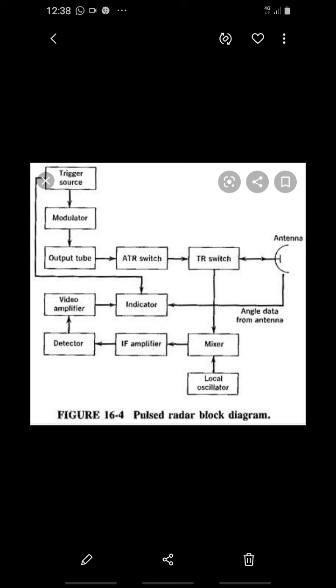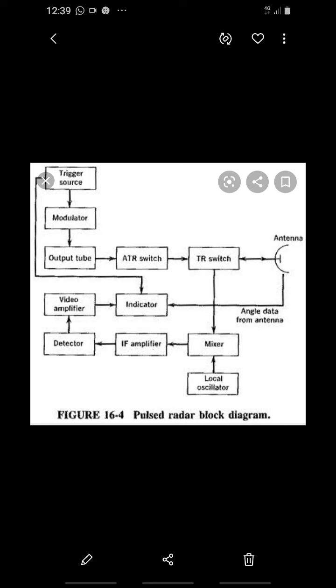It is the first stage of the receiver. It amplifies the received signal to the desired level. This is done by a TWT amplifier or a parametric amplifier.